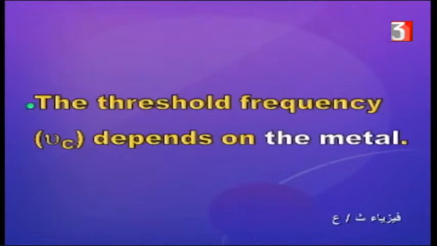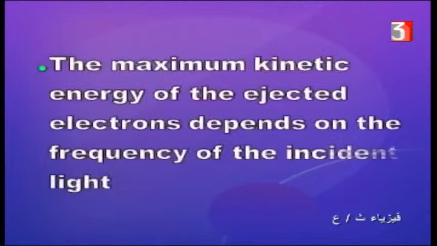What about the threshold frequency? It depends on the metal. And the maximum kinetic energy of the ejected electrons depends on the frequency. This is a very important piece of information. If the frequency of the incident ray is equal to the cutoff frequency, kinetic energy will be equal to 0.